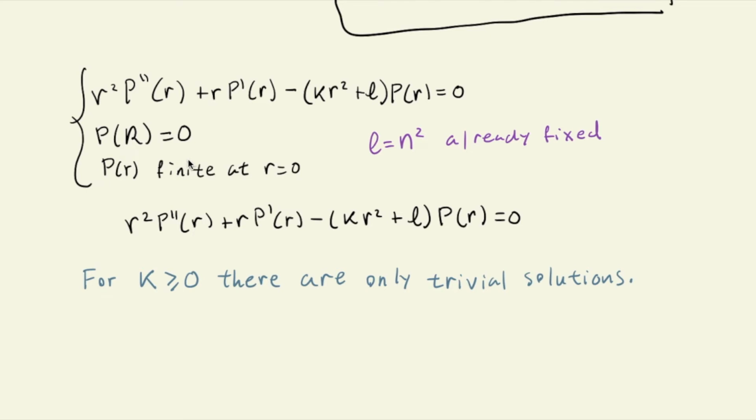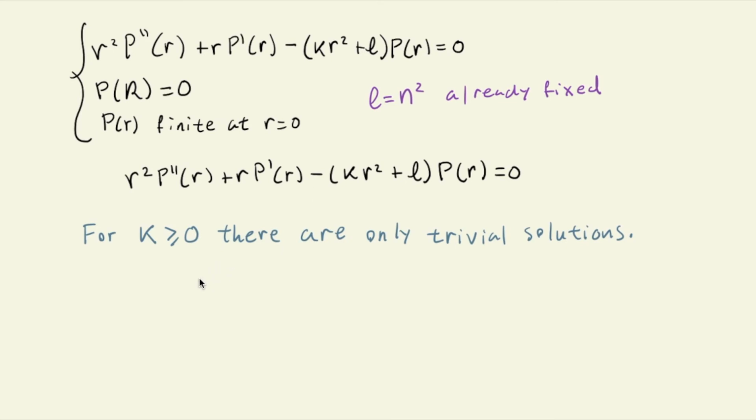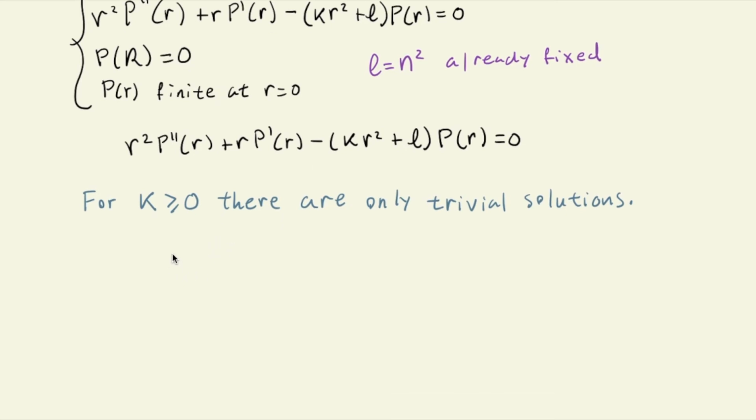You could try to create a zero, but then you would lose the finiteness at r equals 0. In any case, I don't want to dwell on that. So for positive values of k, there are only trivial solutions, and we of course want non-trivial solutions. So let's focus on what happens in the case where k is negative.